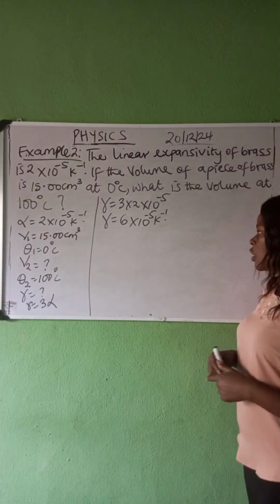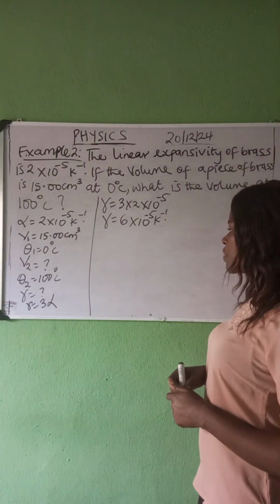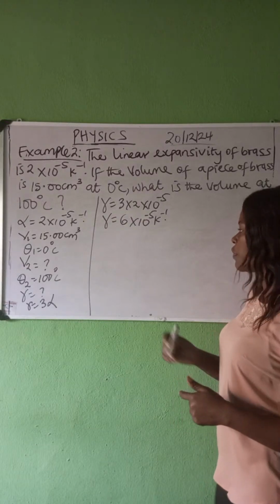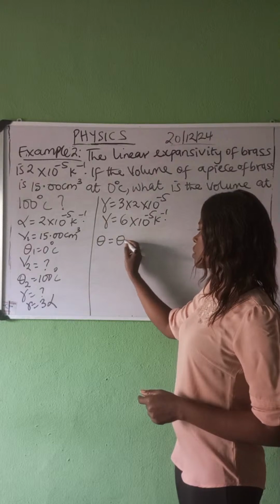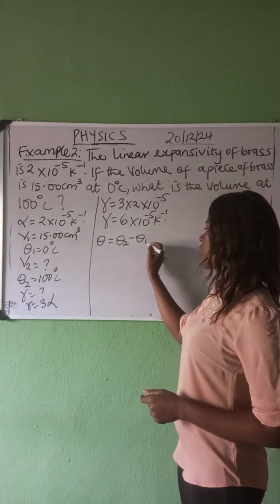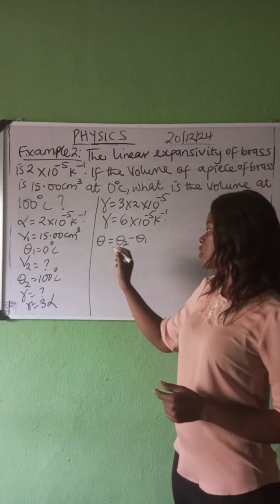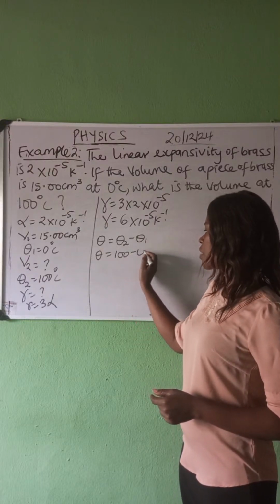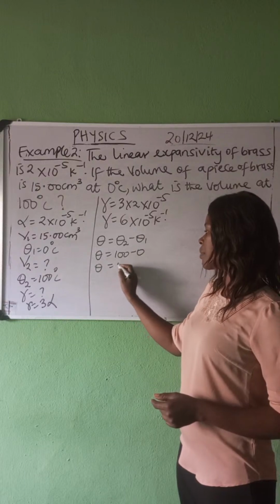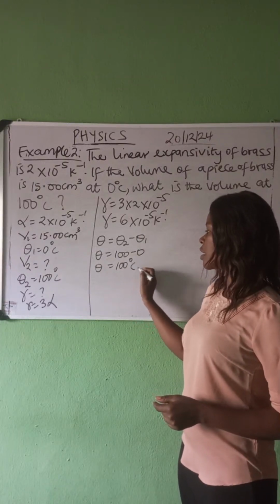Right? So if you do that, you can also find our difference in temperature, or temperature rise. That is theta is equal to theta 2 minus theta 1, right? So theta is equal to 100 minus 0, and my theta becomes 100 degrees Celsius.